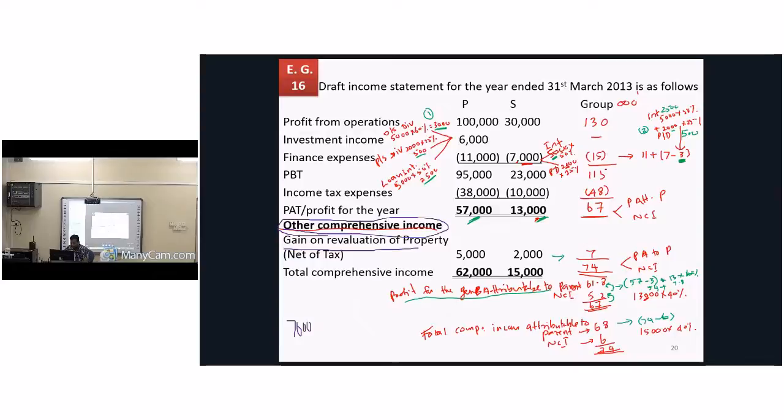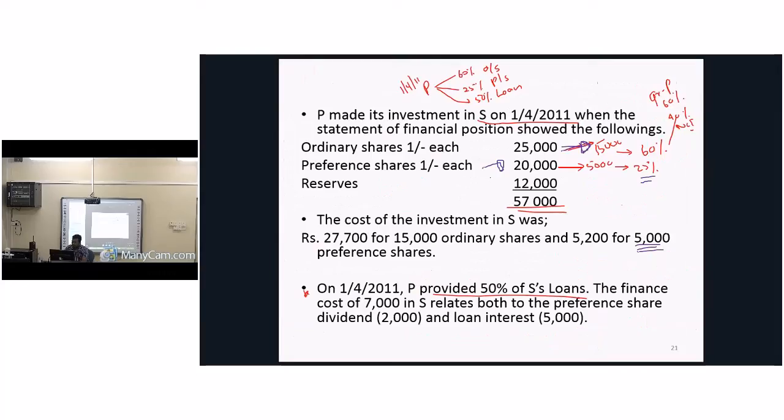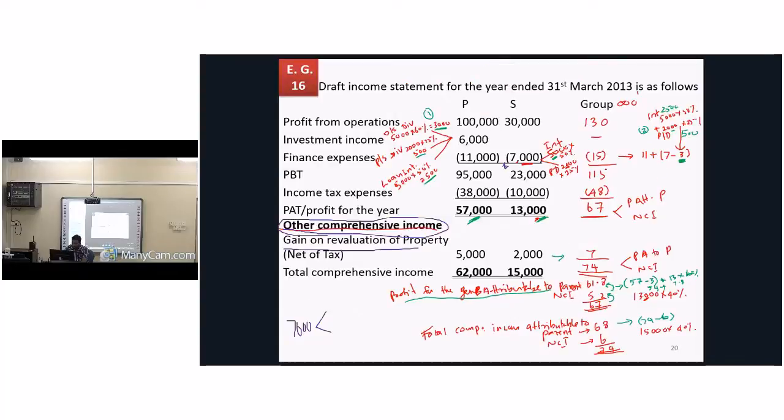So finance cost 7,000 includes two things. What are those? 2,000 for dividends and 5,000 for loan stock. Understand?